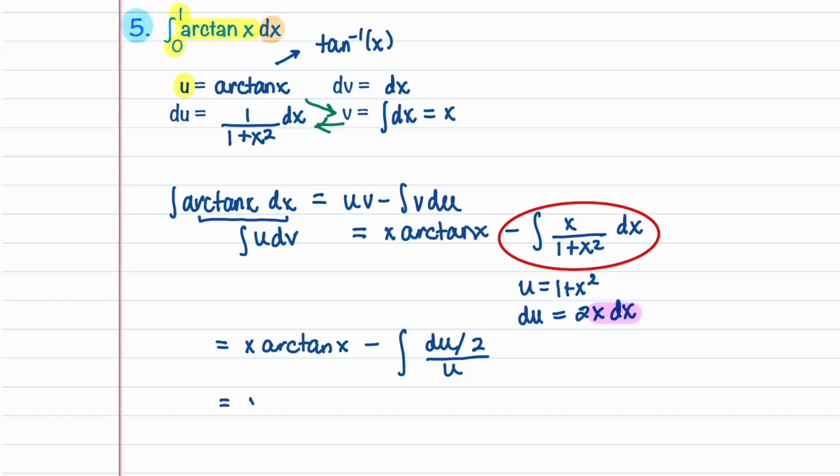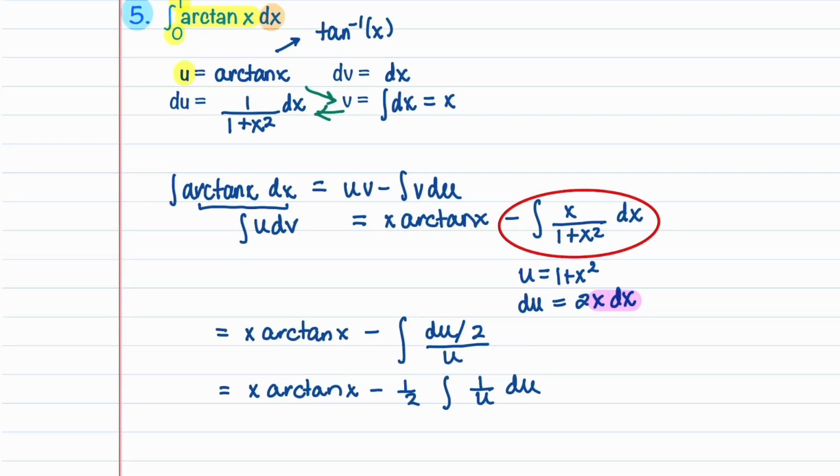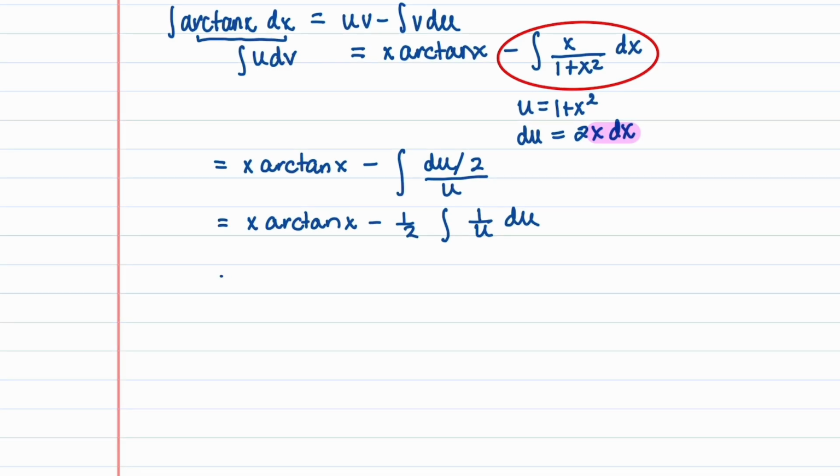So this is x arctan x minus 1/2 the integral 1 over u du. I'm writing it like that so that you can recognize that integral. That integral is the natural log function. So this is x arctan x minus 1/2 natural log, don't forget the absolute value, u plus c.